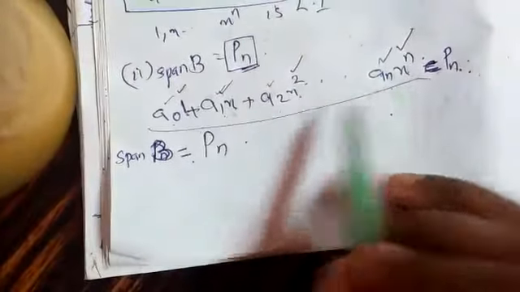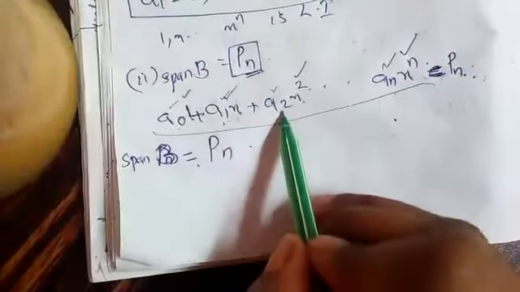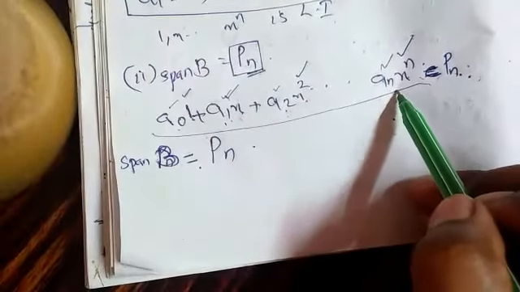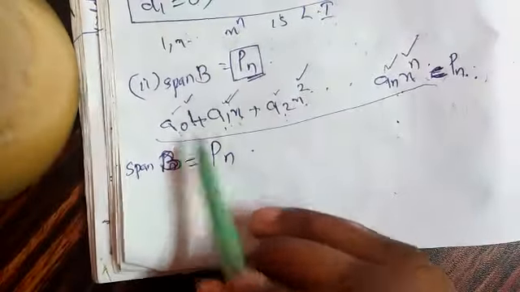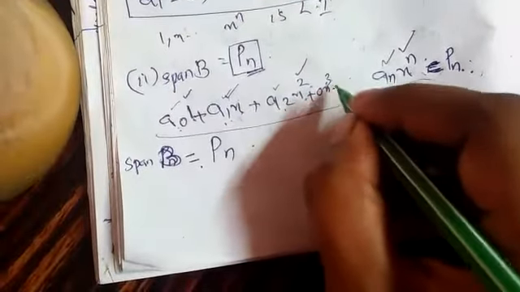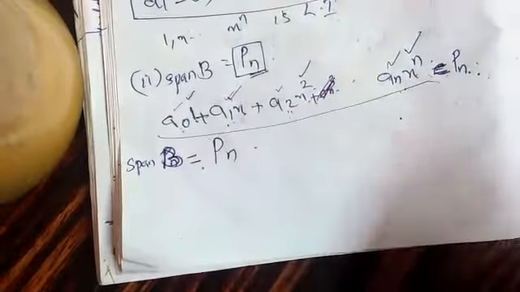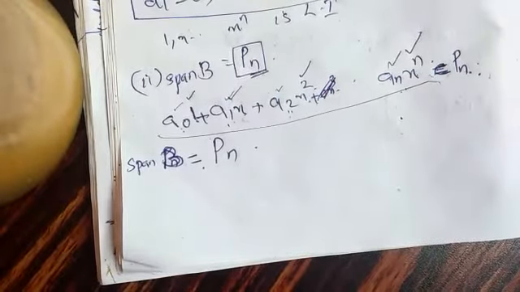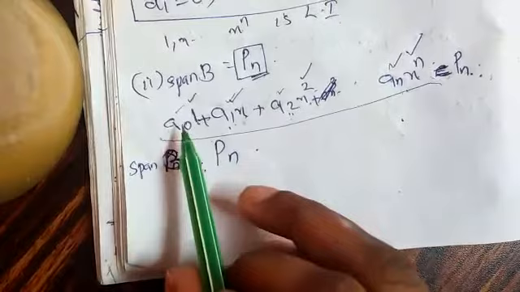Here we can say for an n degree polynomial, a0, a1, etc., an are non-zero. A 2-degree polynomial means a0 plus a1x plus a2x², and all other terms are 0: 0x³, 0x⁴, etc. First degree means a0 times 1 plus a1x, and all other coefficients are 0.